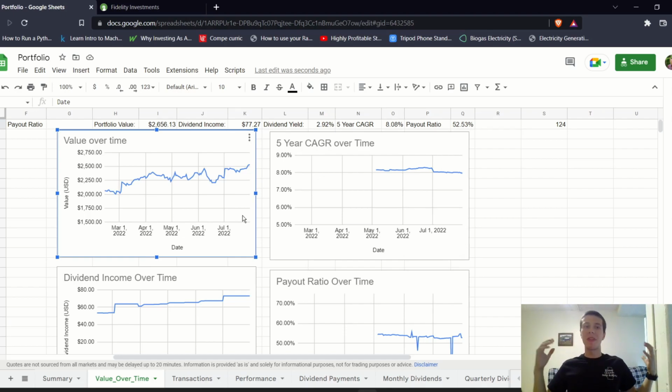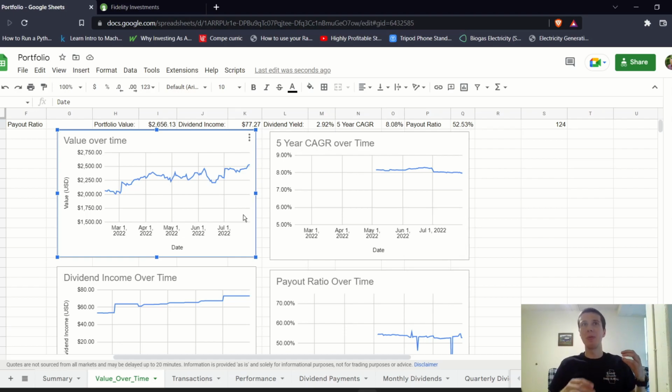Obviously, for most people, that's really not that much growth, but for me, that's pretty exciting, especially since the market has generally been down this year. And so to see the portfolio continue to grow is super encouraging. Obviously, I have been contributing money every month, but it's just encouraging to see that growth.